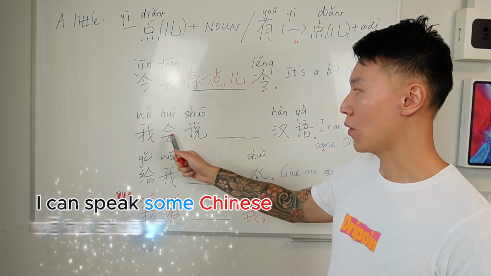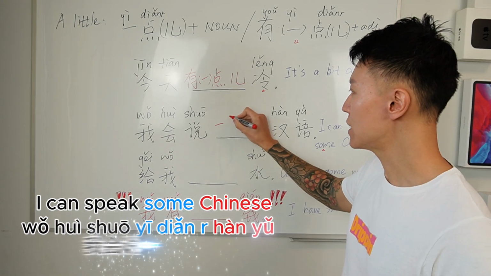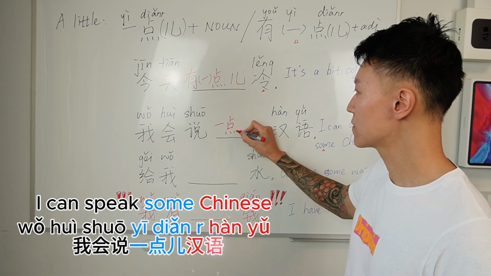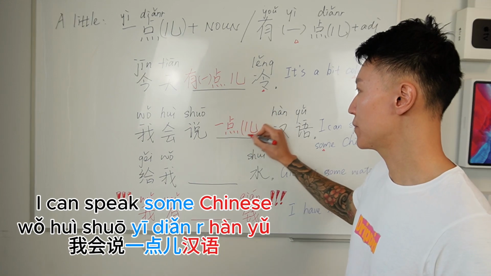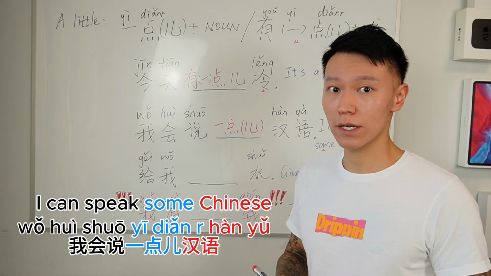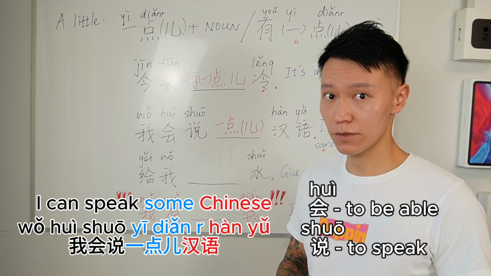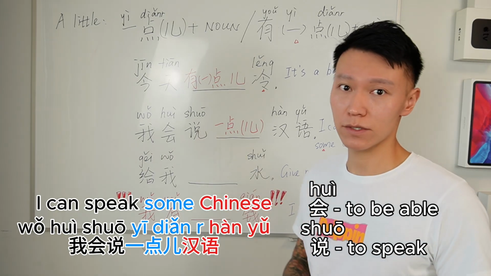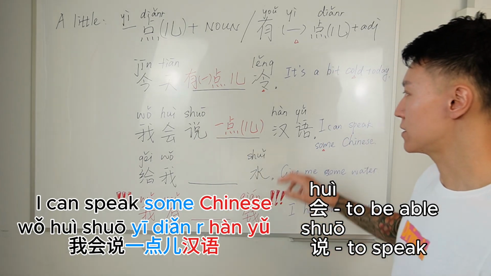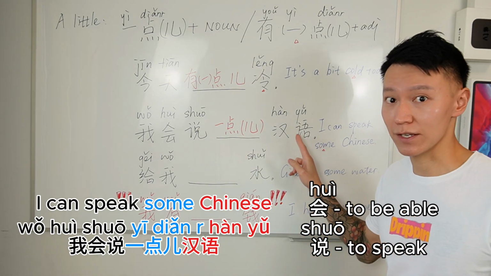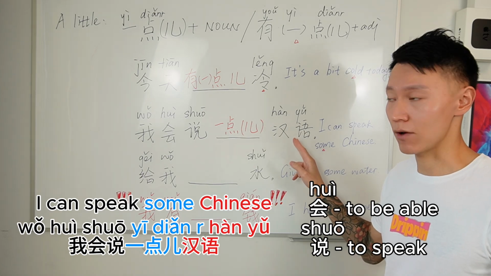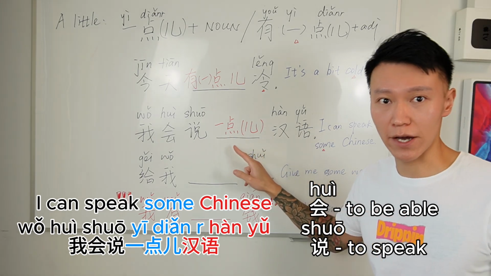So 我会说一点儿汉语. 会 means to be able to do something. 说 means to speak. And since we have 汉语, Chinese language here, that's a noun. We need to use 一点儿.